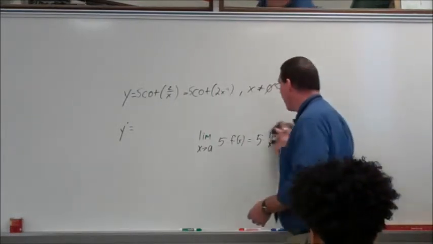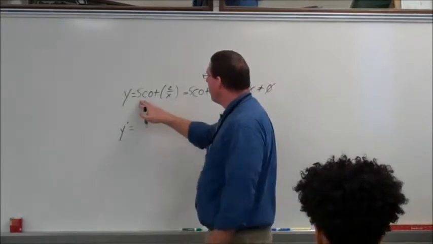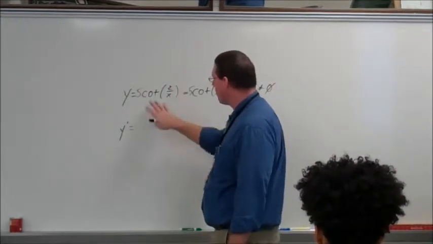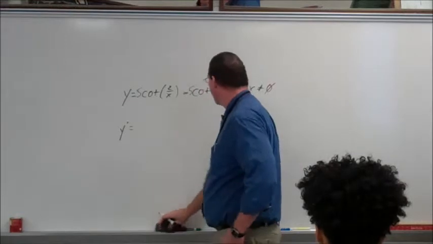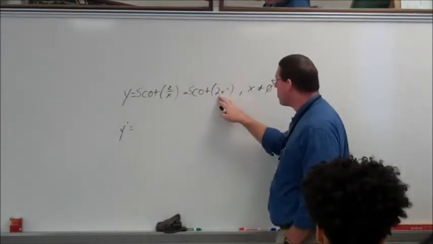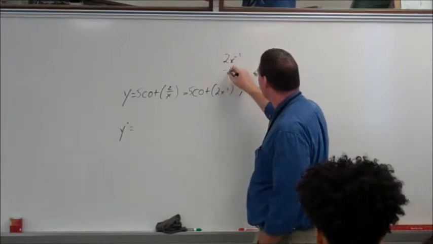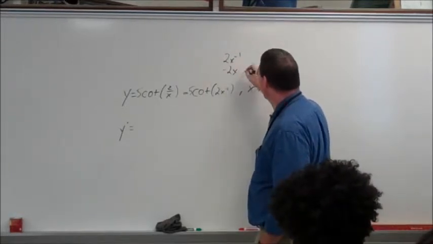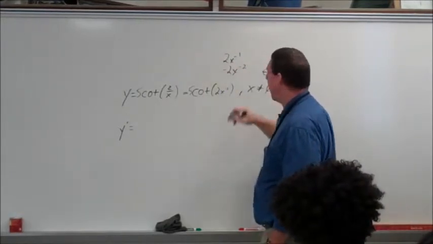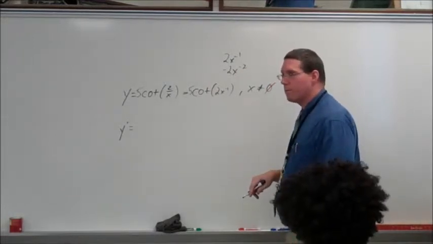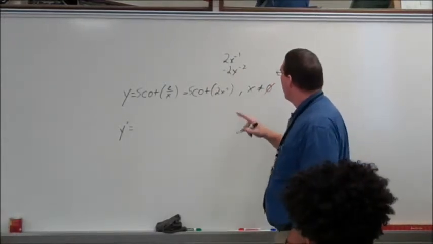Always. So now, here, this 5, we're just going to set the 5 aside for a minute and do the rest of the derivative here. So, the derivative of the inside, 2x to the negative 1, is negative 2x to the negative 2 power. You with me, Bianca? Yes. Okay.